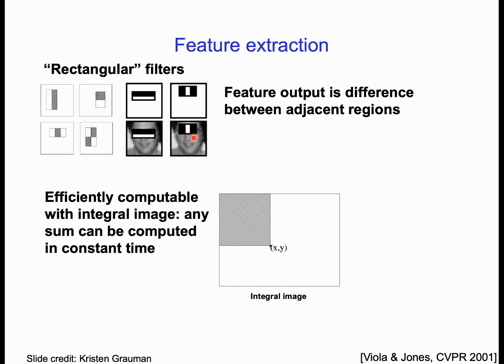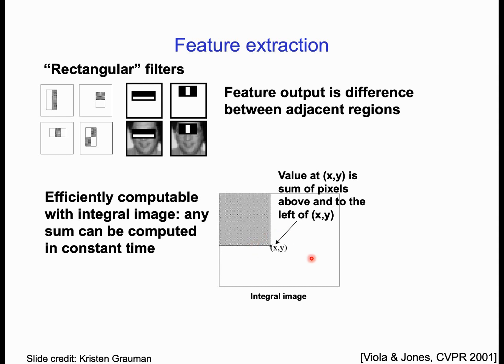Now, these are obviously very simple features, and computing them can be done extremely fast using what's called an integral image. So I basically take an image here and compute the integral at each point.